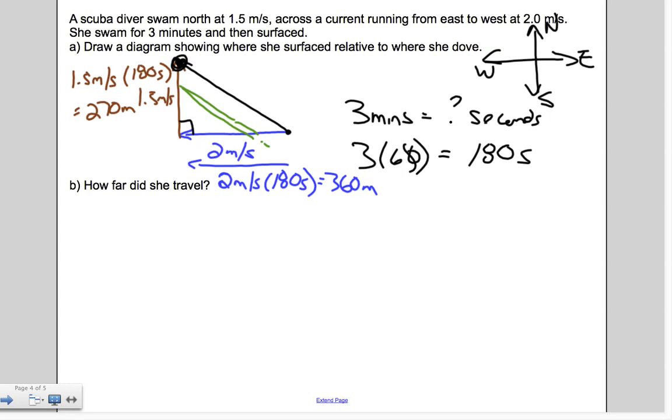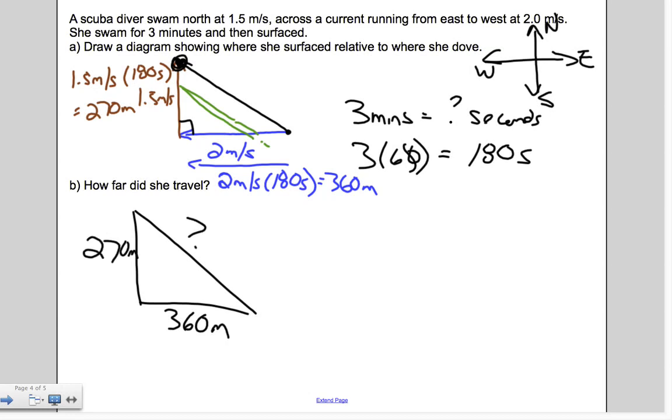So basically we have something that looks like this. How can we get that distance?